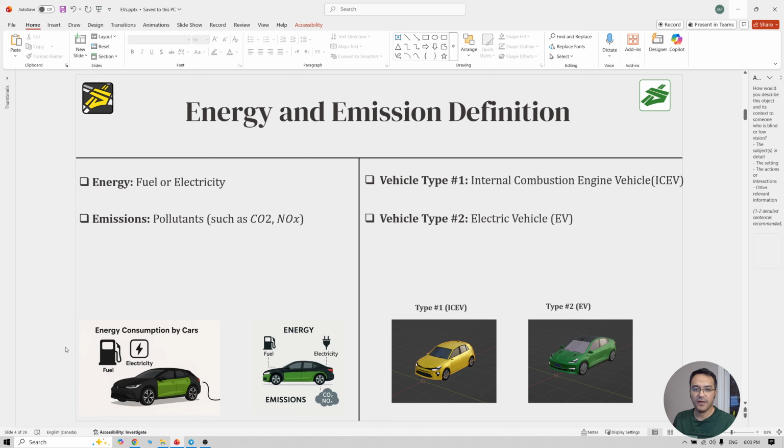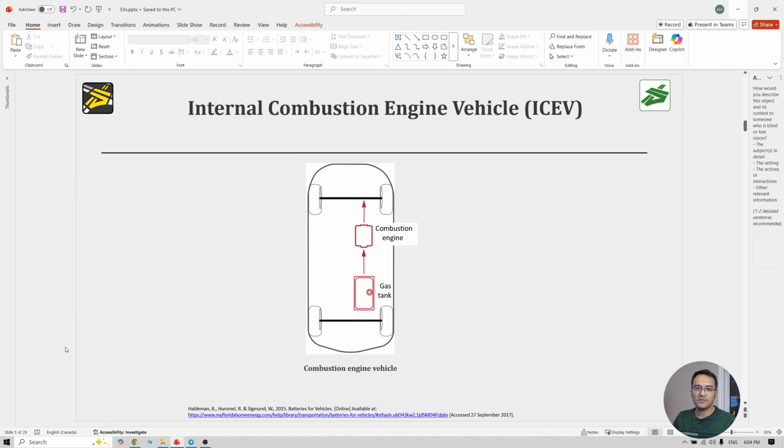And then the impact for the vehicle types might be different. For example, for internal combustion engine, we might have fuel, right? But for the electric vehicle, we have electricity. So we're gonna talk about these topics. Also, there are other vehicle types like bus and heavy vehicles. I'm gonna talk a little bit about them too.